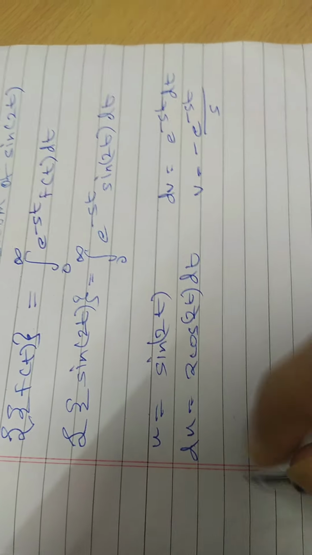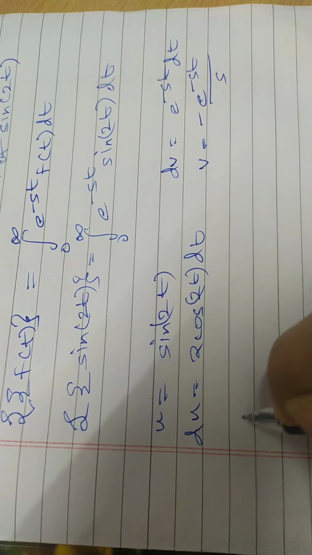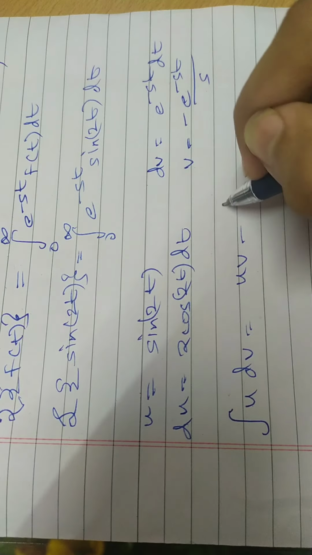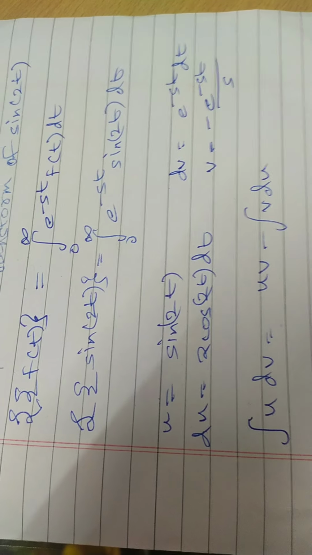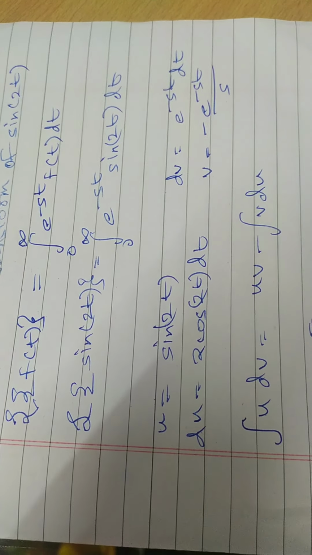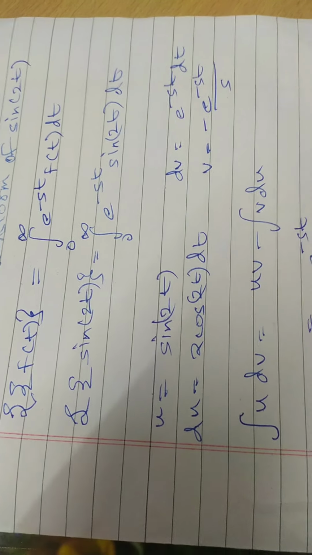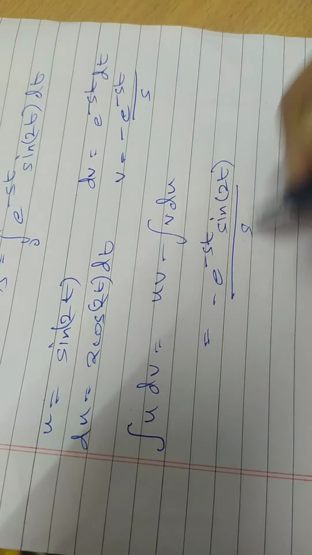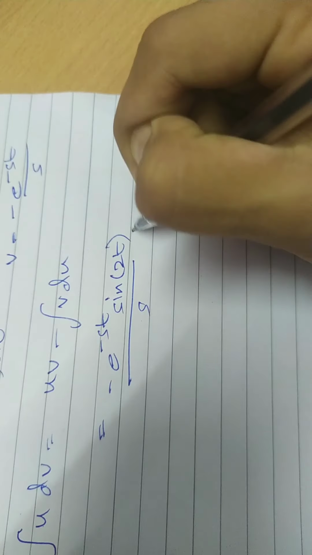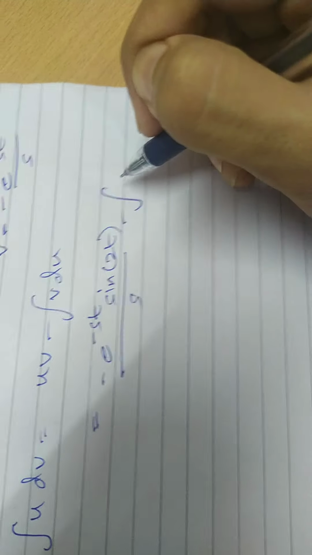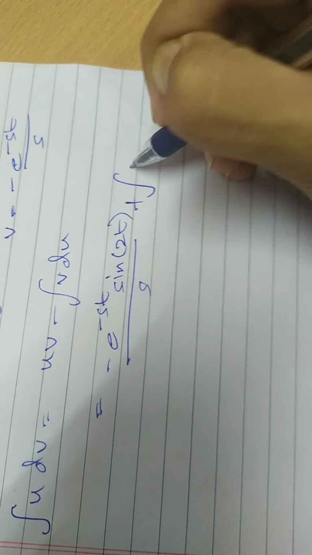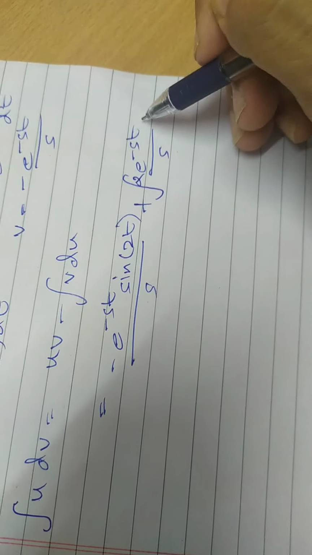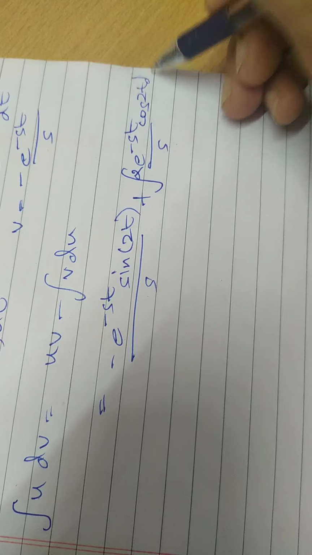So from integration by parts, which tells us integral u dv is equal to uv minus integral v du, we get uv, which is minus e power minus st sine of 2t divided by s, minus integral v du, which is minus, so that becomes plus e power minus st by s times 2 cos 2t dt.